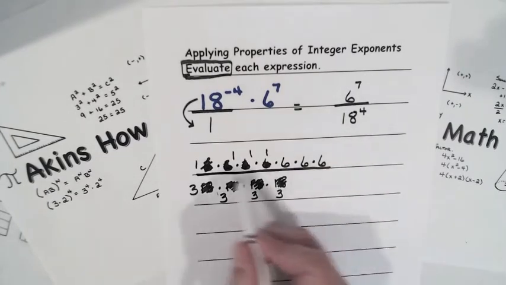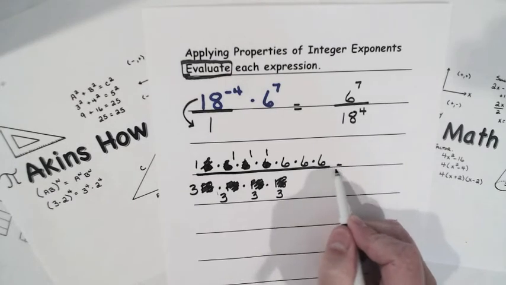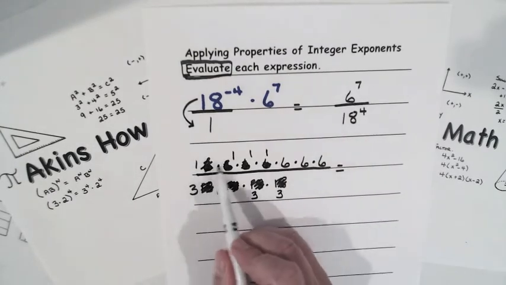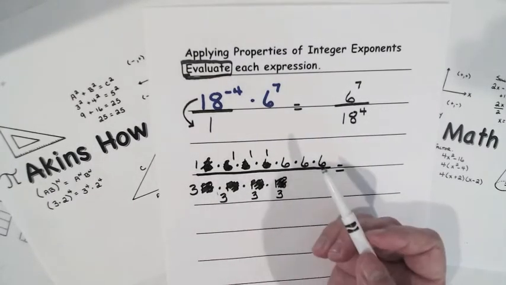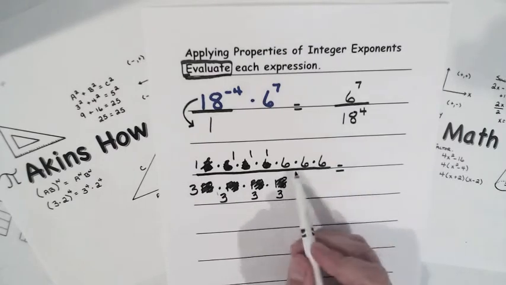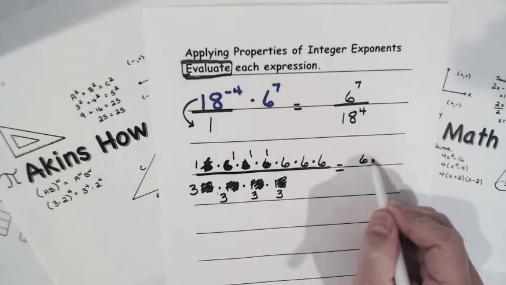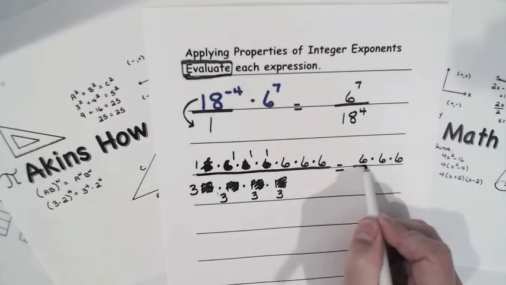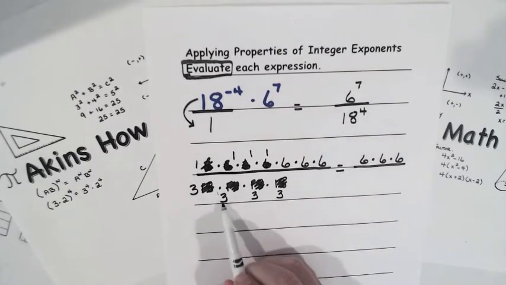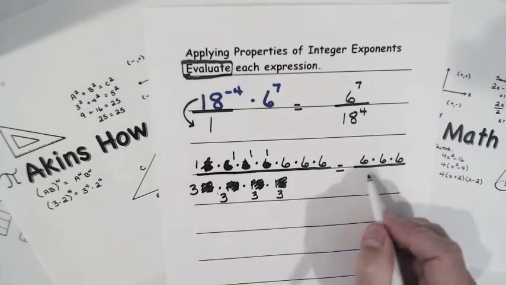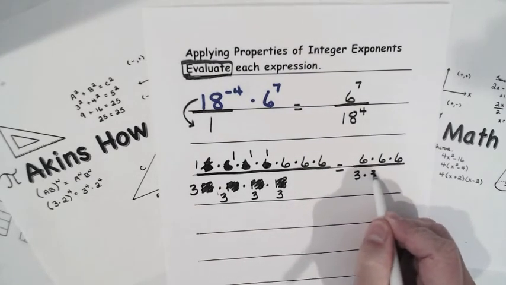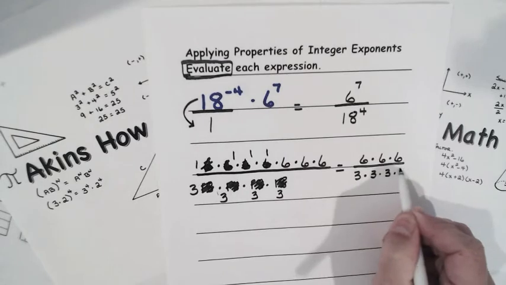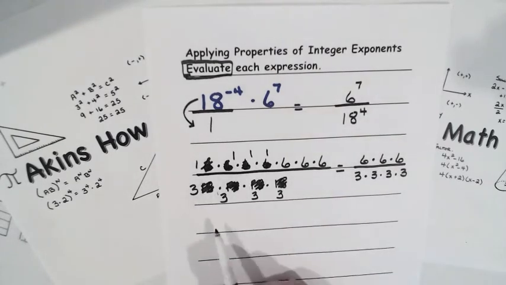So what I'm going to do is I'm going to rewrite this with this many 6's up here. 1 times 1 times 1 times 1, all going to be equal to 1. I'm just going to write these 6's up here. I've got 1, 2, 3 6's left over. In the bottom, I have 1, 2, 3, 4 3's that are being multiplied together. And I'm going to do this same process right over here.